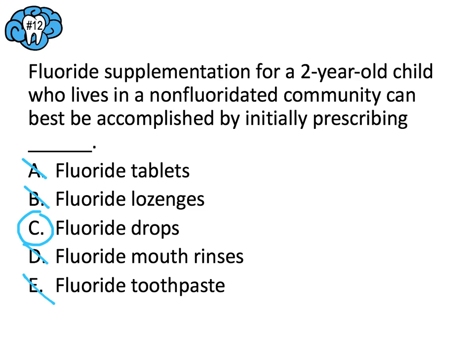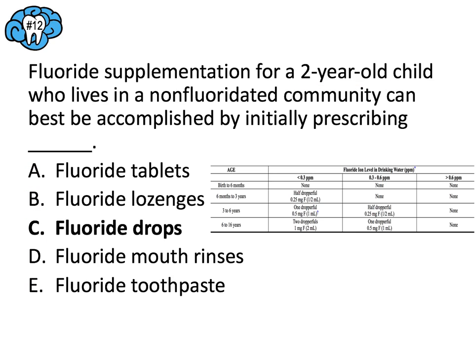Now, if you're really good, I could ask you a bonus question here. How much fluoride would this person be required per dose? What's the exact dose of fluoride you would prescribe for this child? So we had this little table that we went over, and if they're not getting any fluoride, so that's 0 ppm, and they're 2 years old, so that's between 6 months and 3 years.